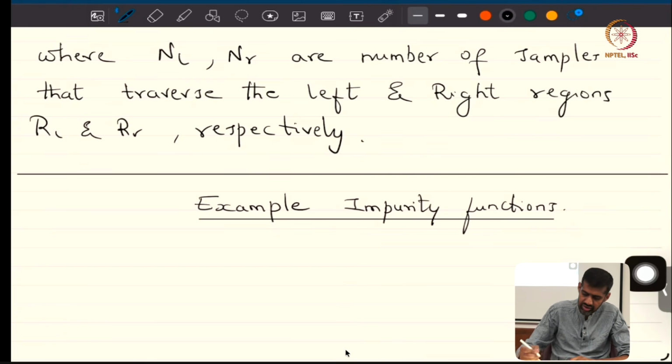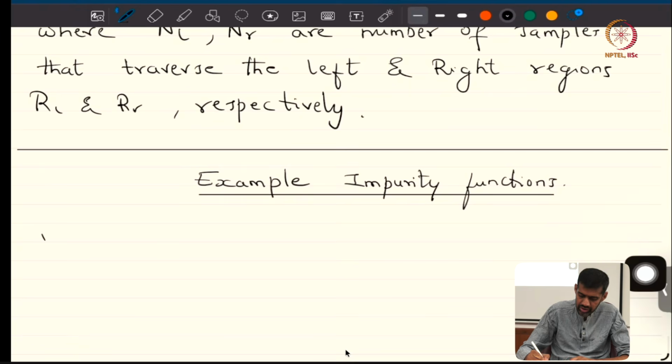Let us look at example impurity functions. The first thing that is often used in trees called ID3, C4.5 and so on, these are names of algorithms, are entropy and information gain.